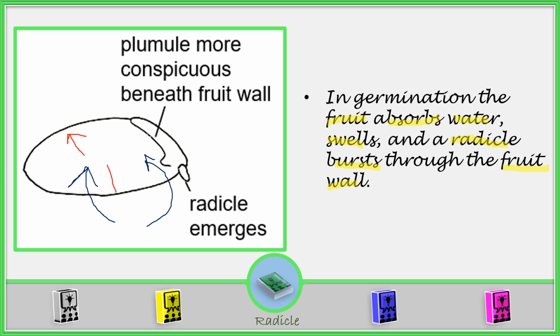And as it is swelling, it is going to cause the fruit wall to burst. So when the fruit wall bursts, the radicle will go through the fruit wall.